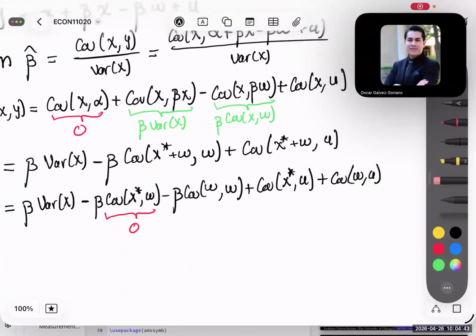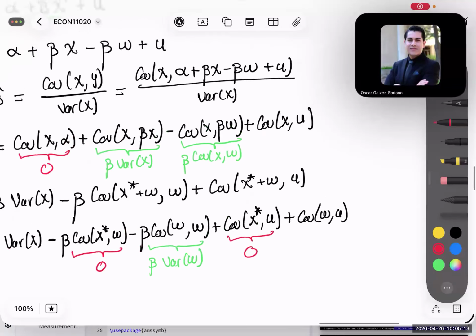This other one is, as we did before, beta with a negative sign, beta variance of w in this case. And this other term, the covariance of x star and u, is also 0.